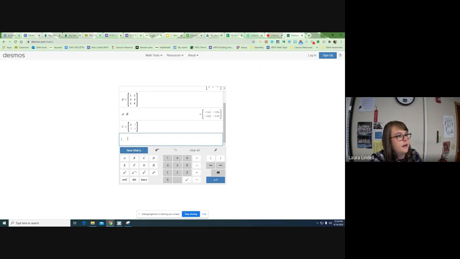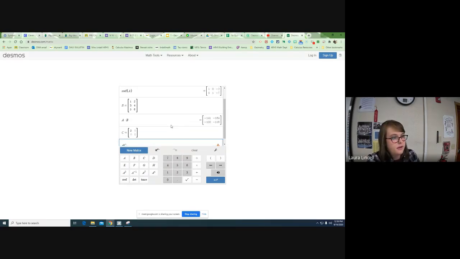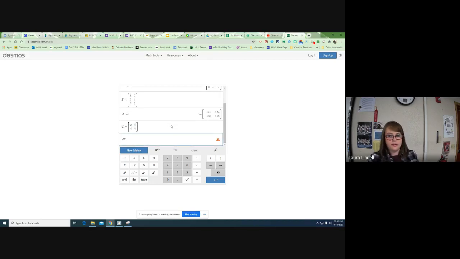Great. Let's say I try to do A times C. And then it tells you, hey, you can't do this because your matrices don't have compatible dimensions. That's undefined. Okay. So these calculators can do all of the things that we've been doing this week, and they can do even more than that. They can row reduce your matrix for you.